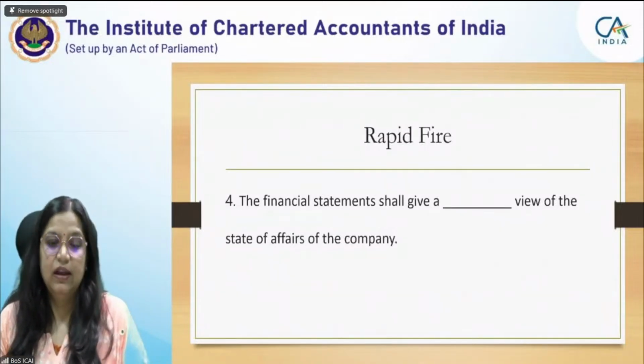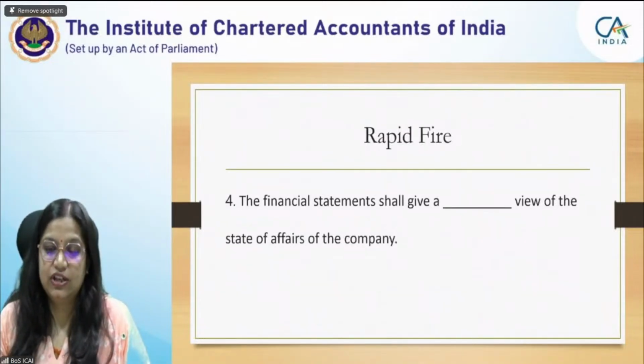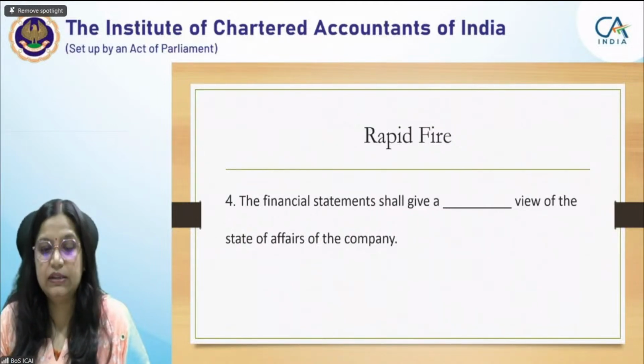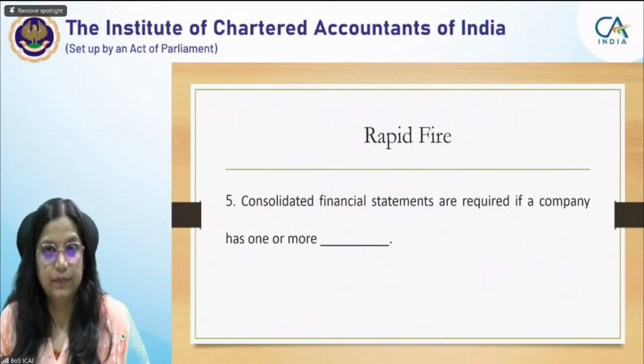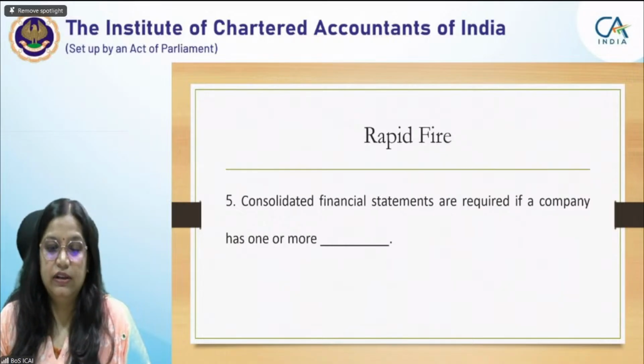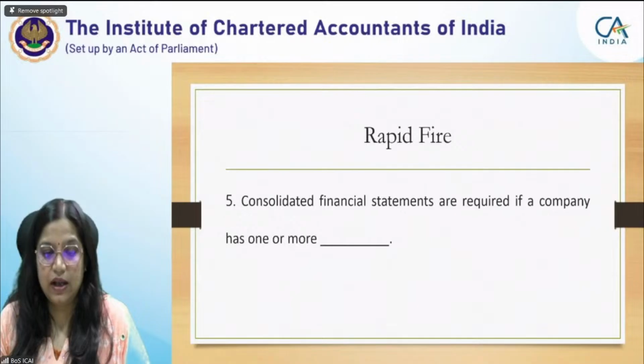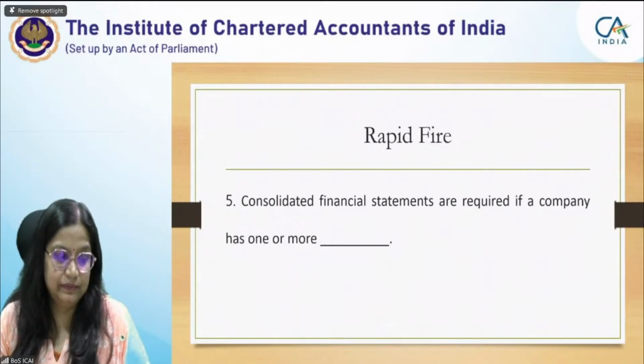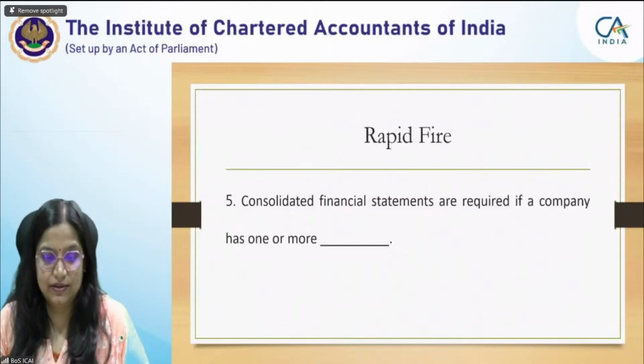The financial statements shall give a true and fair view of the state of affairs of the company. Consolidated financial statements are required if a company has one or more subsidiaries or associates or joint ventures.